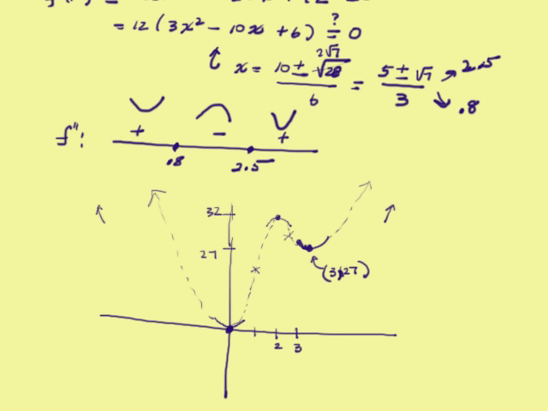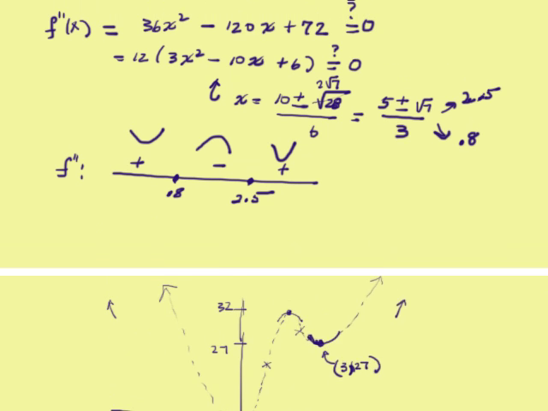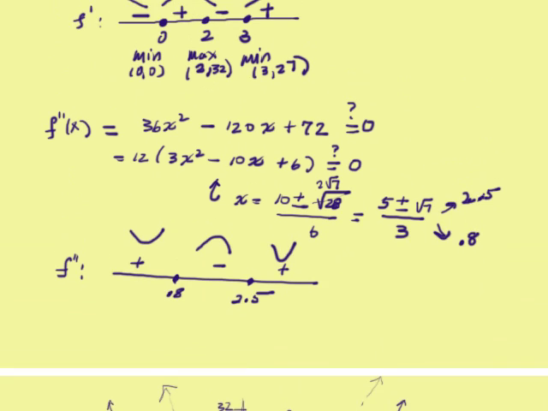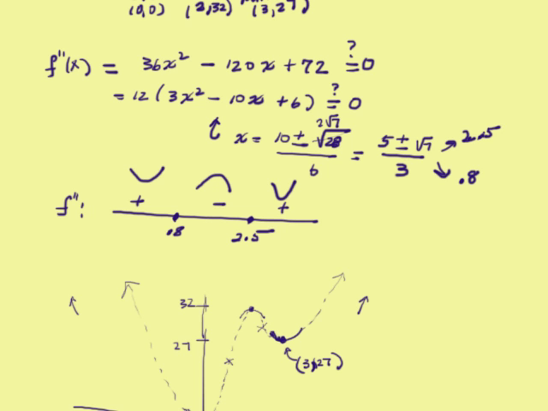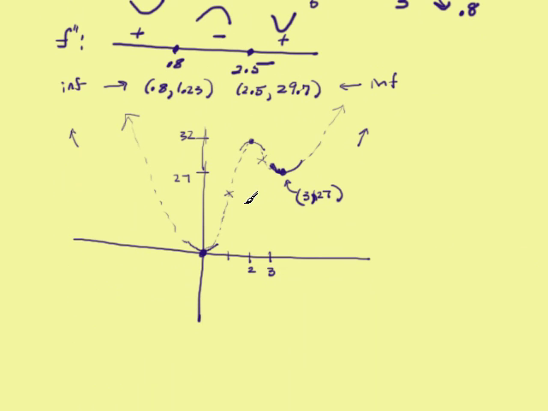All right, let's check the y-coordinates of those inflection points. Did we figure that out? Just 1 minute. Okay, with the aid of a calculator, here are the 2 inflection points. So these are both inflection. And here's our inflection point at 0.8 and 1.23. So it's actually way down here.